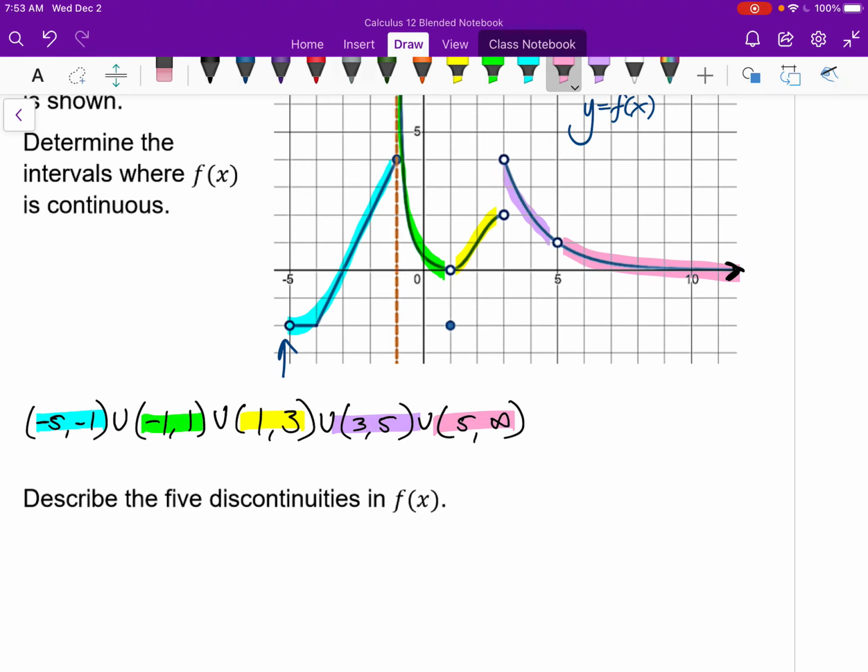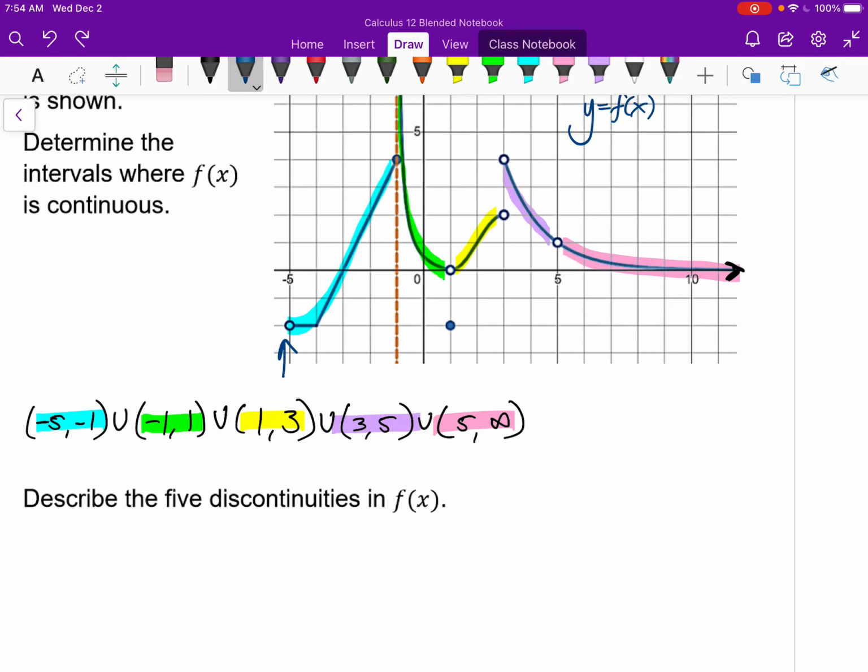I mentioned endpoints at the beginning of the lesson. If this endpoint at -5 was filled in, then we'd say it's continuous at -5, because that's an endpoint. So if the endpoint is filled in, we say at -5 the function is continuous. But it wasn't, so it's not. Whereas on the other way, it goes on forever.